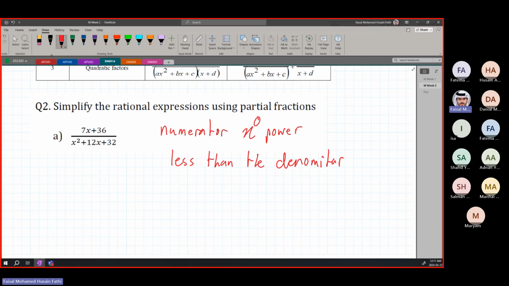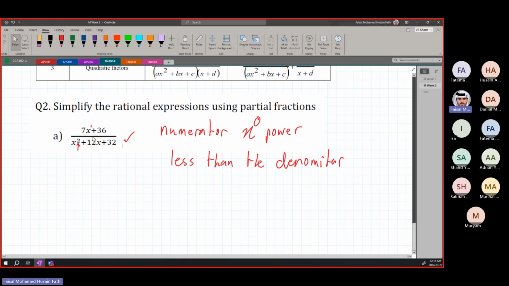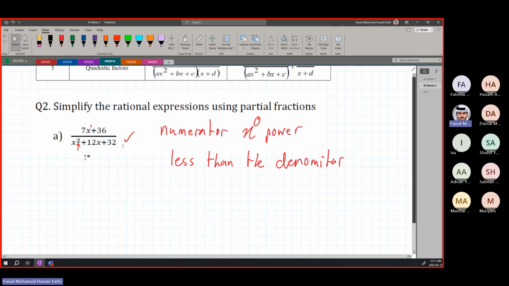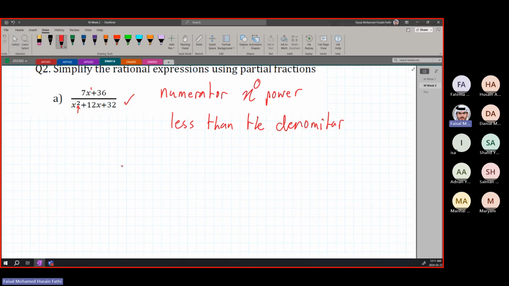Here our x power is x power 1, and here we have x power 2. So we can do partial fractions with it. If it was not the case, if the power up is greater than the power down, first we are going to have to do long division, then we can do partial fractions. Okay? So let's start with the simple one.